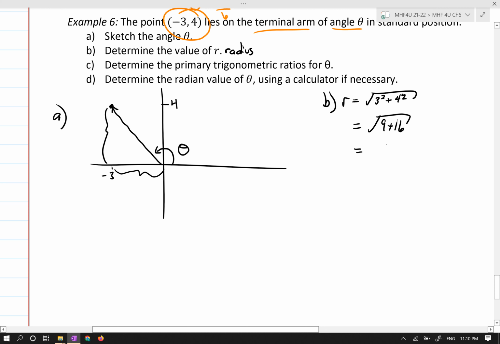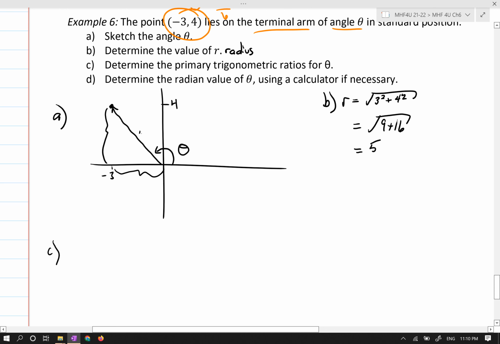I'm working with the square root of 25. I know I'm working with 5 because the radius certainly needs to be positive. Now we should be able to come up with primary trigonometric ratios for this angle theta by using the side lengths of this triangle.